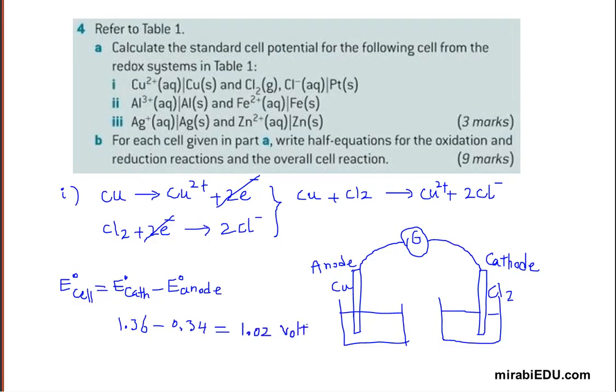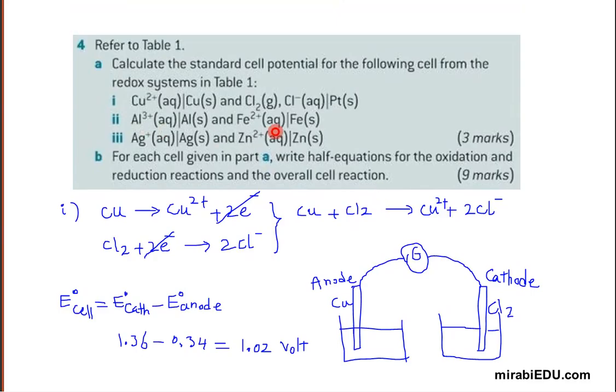So we answer the question in part A, what is the standard cell potential, or E naught of cell, in this pairing. The standard cell potential is 1.02 volts, and of course these are half reactions, and this is the overall reaction.